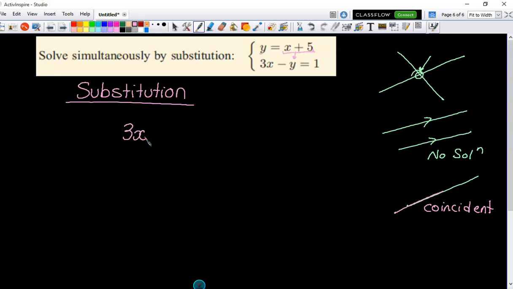So 3x, instead of going take y, what are we saying y is? X plus 5. Now, sloppy jalopies in the class, we'll do this. Why is that sloppy? Right, you are taking all of this. Hello, my brackets. Or, as Smitty said, you're taking x and you're taking 5.